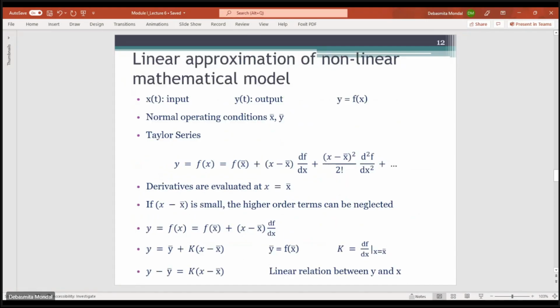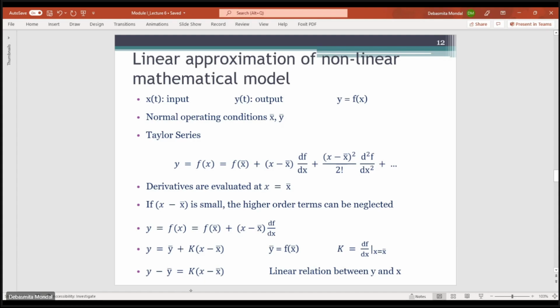So now let's see, if you have an input given by x(t), the output equals y(t), and the relationship between the input and the output is given by y equals f(x). Okay, and let us say that the normal operating conditions are x bar and y bar.